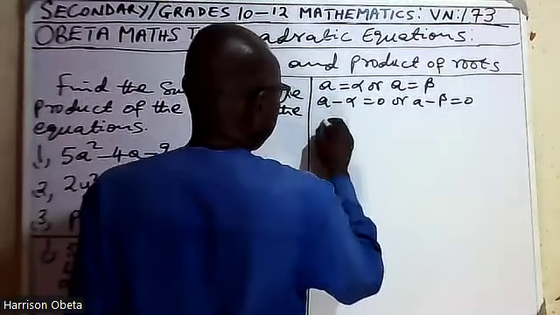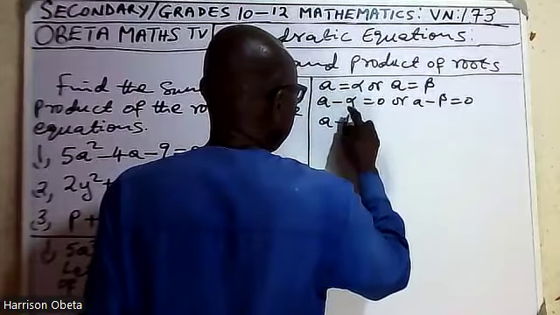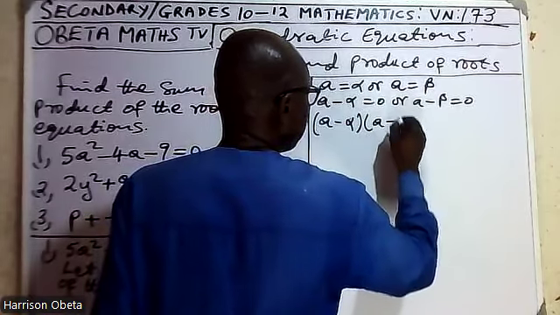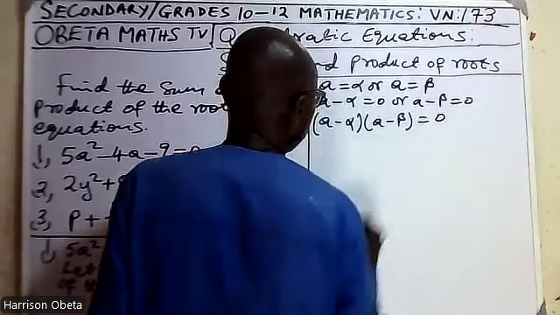Bringing them together, we have a minus alpha into a minus beta equal to 0.